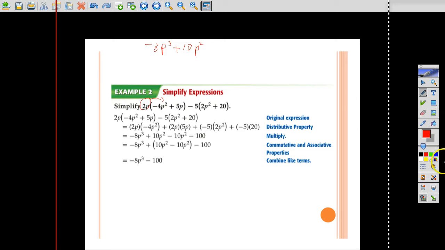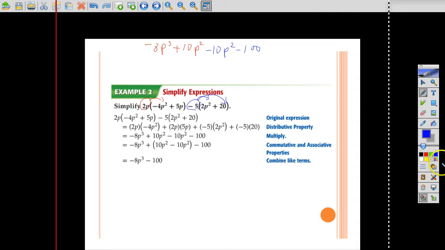Then you have your negative 5 here times 2p squared. So that's negative 5 times 2 is negative 10p squared. Negative 5 times 20 is negative 100.